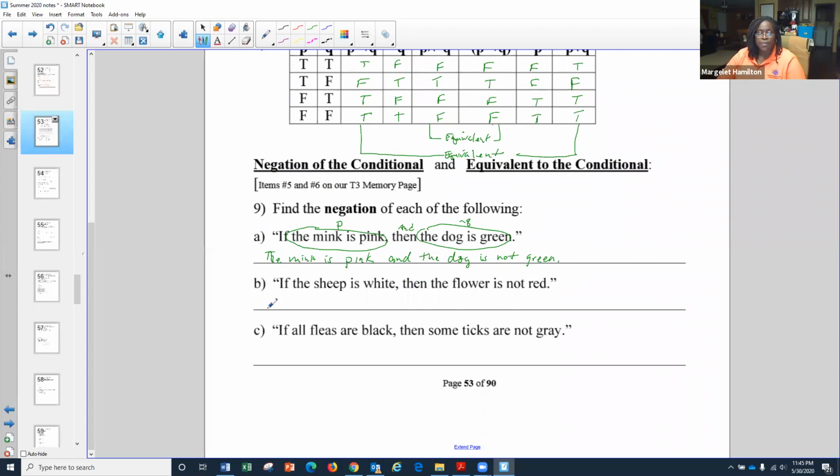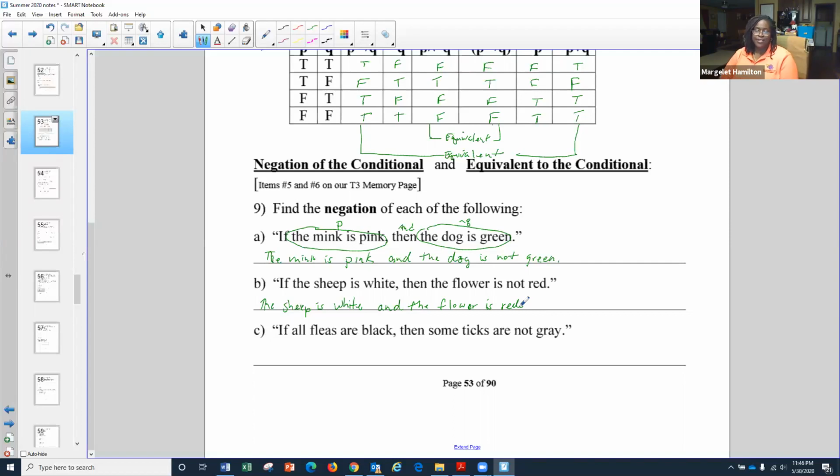So when we negate it, we should have the sheep is white. Remember, we don't change it. Then comes and. Now we're going to negate the second part. The flower is not red becomes the flower is red.